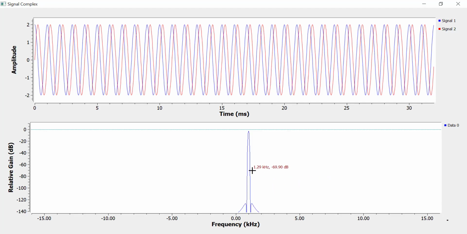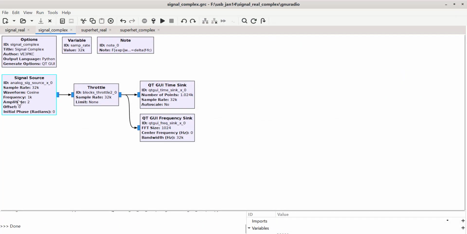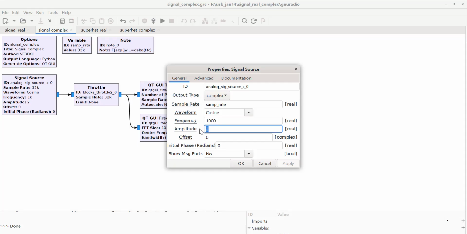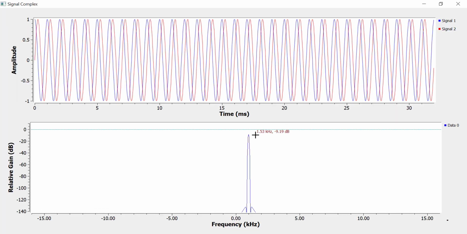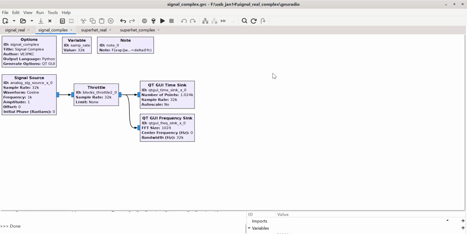And you see we only have one component here at 1 kilohertz. It's at a level of minus 3. If I put this amplitude back to 1, we should see an amplitude of minus 9. It's about minus 9. So it's 6 dB more than the 2 tones for the real signal.